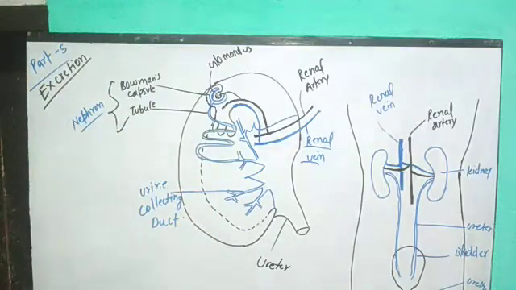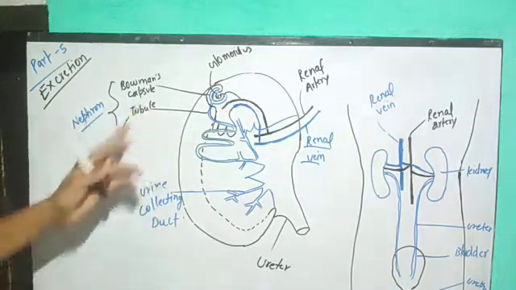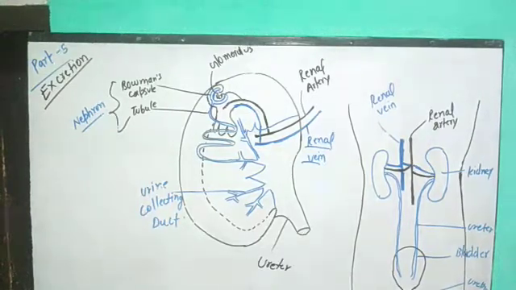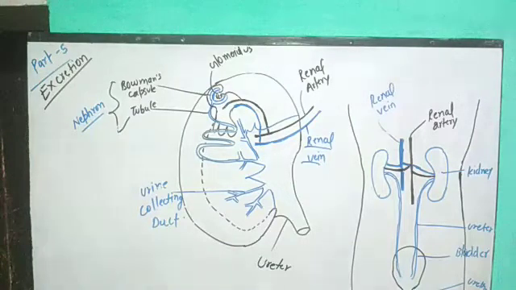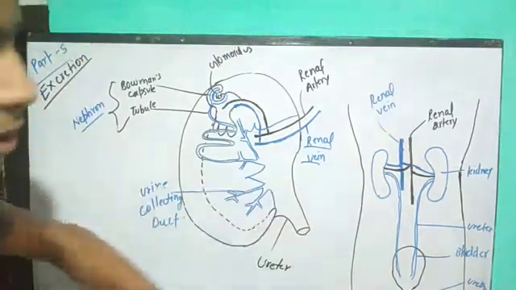But do you know what is absorbed in the glomerulus, Bowman's capsule or tubule? Actually, most of the uric acid, glucose, amino acids, salt, and water are absorbed there in the tubule. And finally, the things which can't be absorbed are sent to the ureter, and through the ureter they get out.